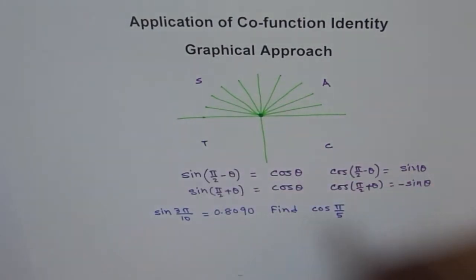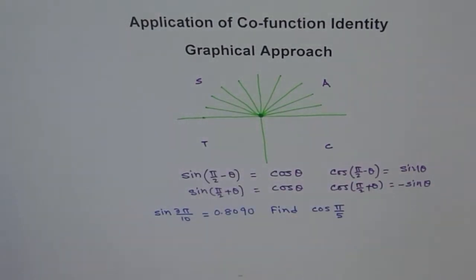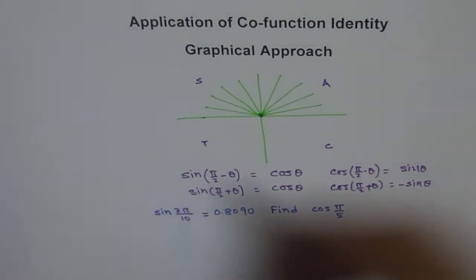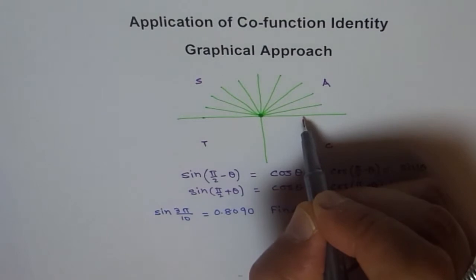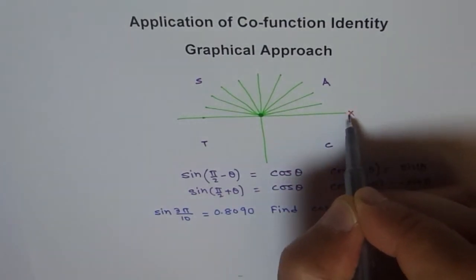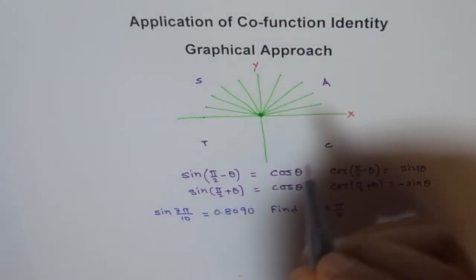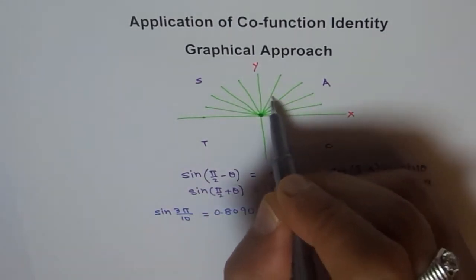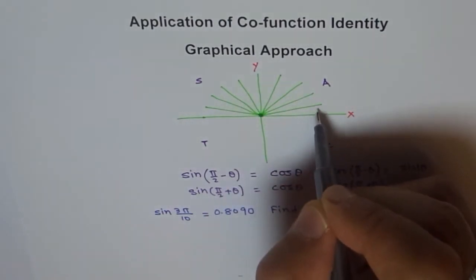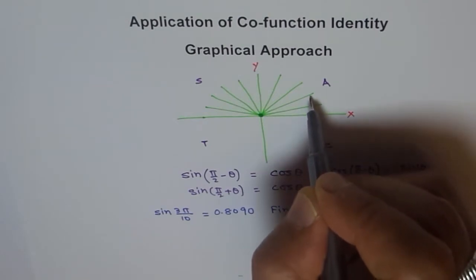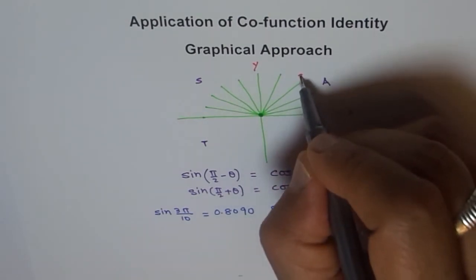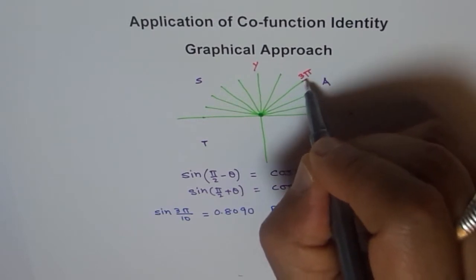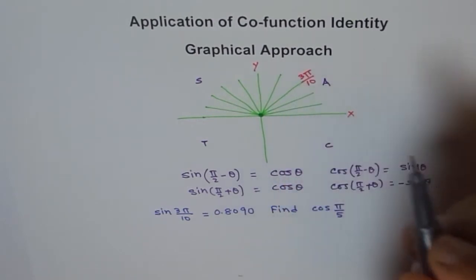Now when we say 3 pi by 10, where do we land? From here, this is my x-axis and that is my y-axis, right? Now from here I go to 1 pi by 10, since there are 10 equal parts, so this is 1/10 of each. 1 pi by 10, 2 pi by 10, and this is my 3 pi over 10. Does it make sense to you? Right.